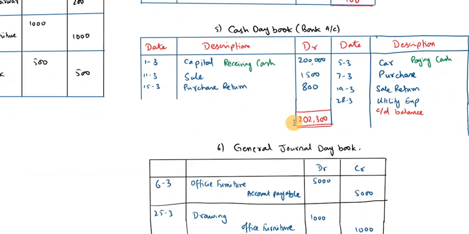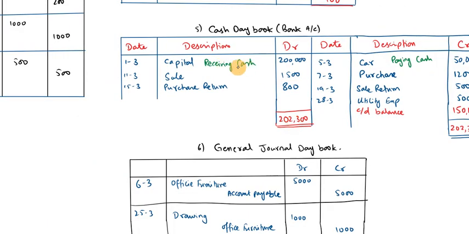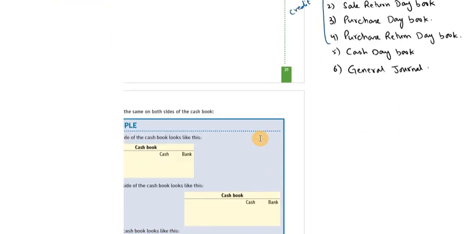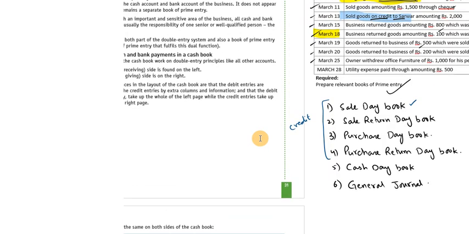So the debit side of the cash day book shows the business receiving cash, and the credit side shows the business is paying cash against some payments. So this is our cash day book. Next, move to the original topic.